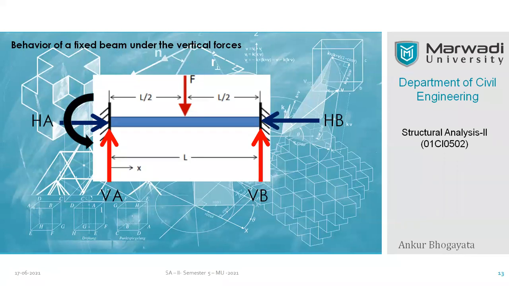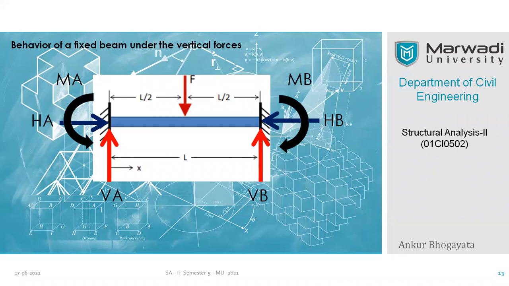If you cut a section near the support, due to the force there will be a clockwise moment in the beam, but at the fixed end the moment will always be anti-clockwise, right? These are the quantities developed at both ends, so we have MA and MB. Another popular symbol for these moments is FEM, fixed end moment.